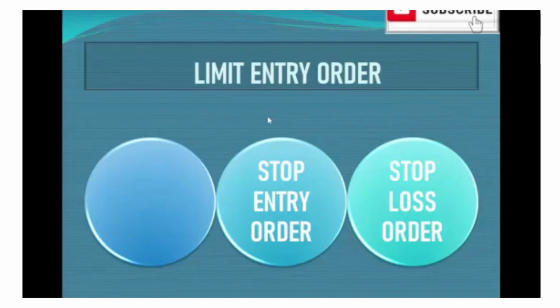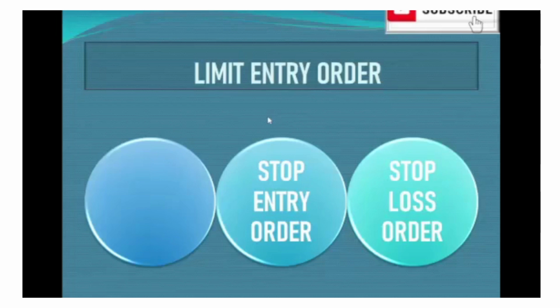Now let's say you set a sell limit order at the price where you want it, and then you walk away from your computer to do whatever else you have as your daily routine.